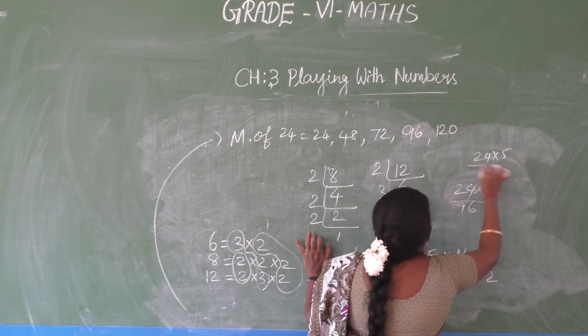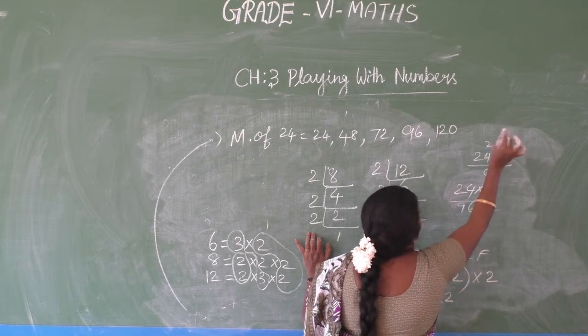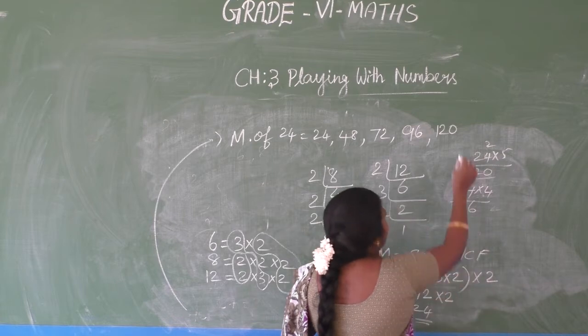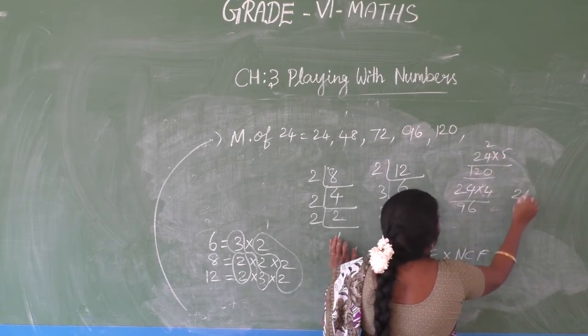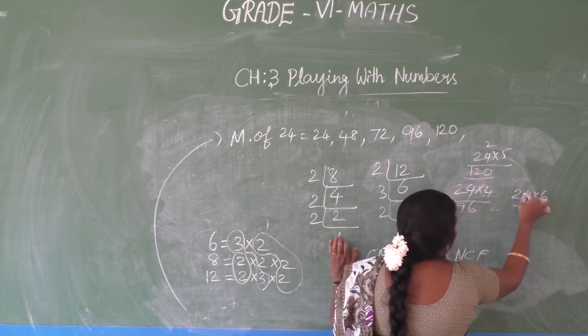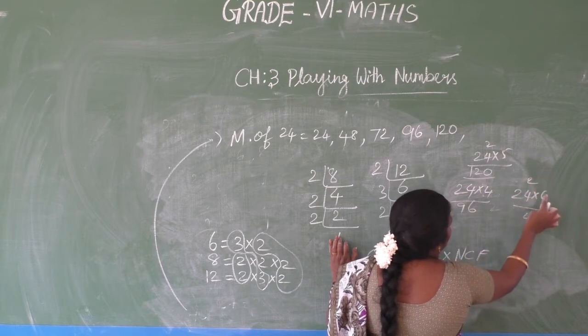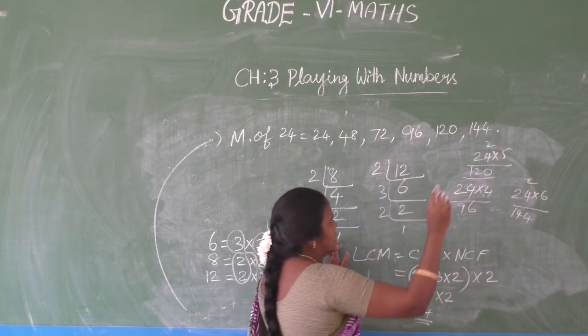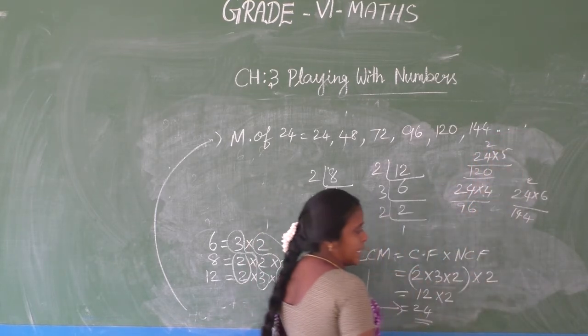Then 24 5s are 120: 4 5s are 20, remainder 2, 2 5s are 10 plus 2, 12. So 120. After that, 24 6s: 4 6s are 24, remainder 2, 2 6s are 12 plus 2, 14. 144 comes. The 24 table goes like this.